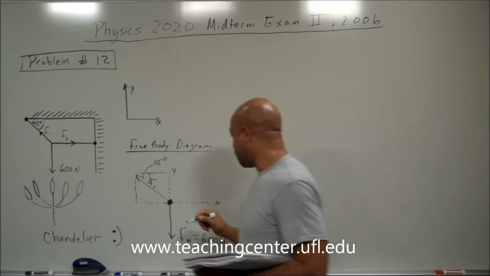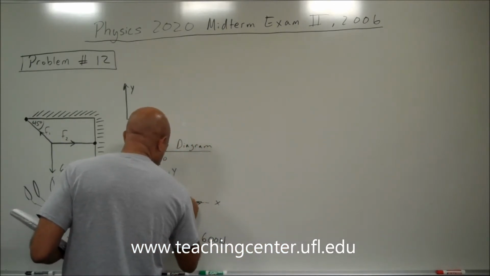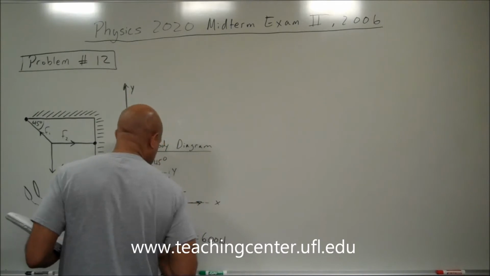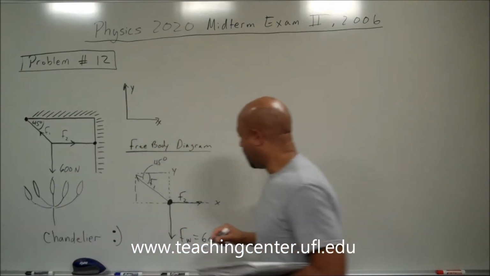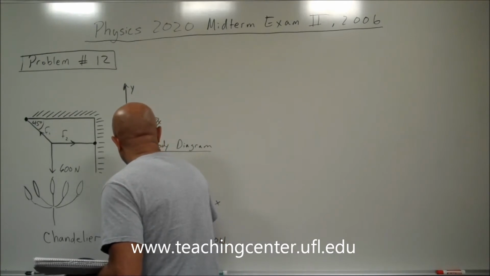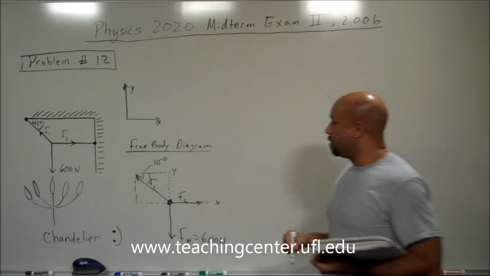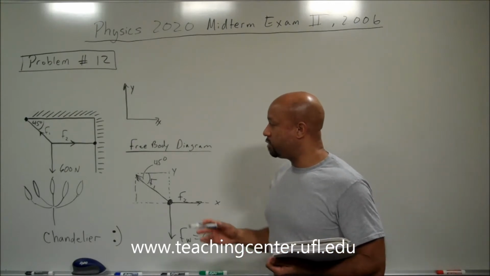We also have another force that's acting in this direction. We'll call that the second tension force, F2. And so basically we have our free body diagram.